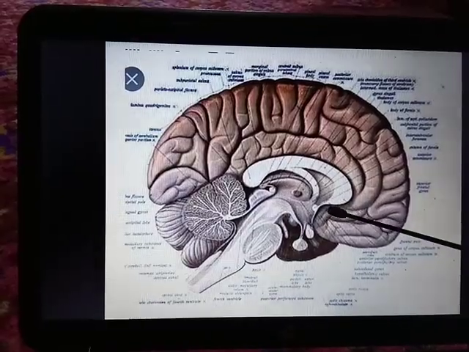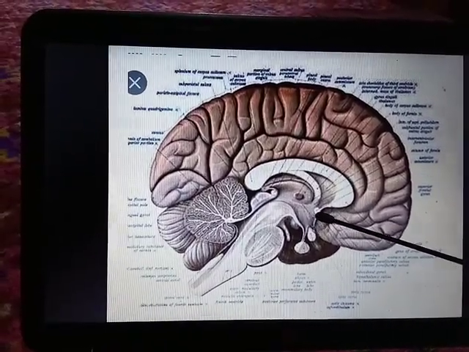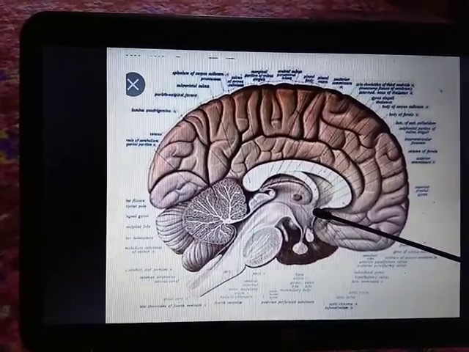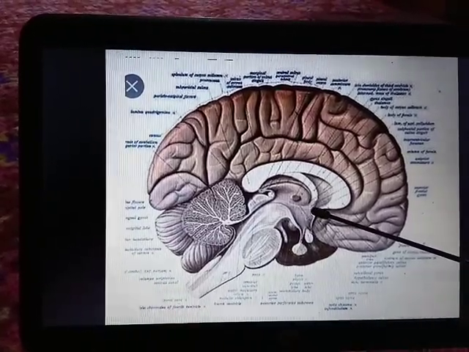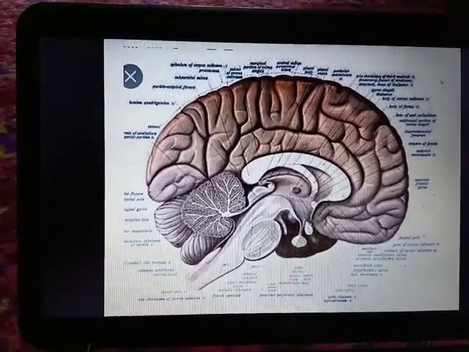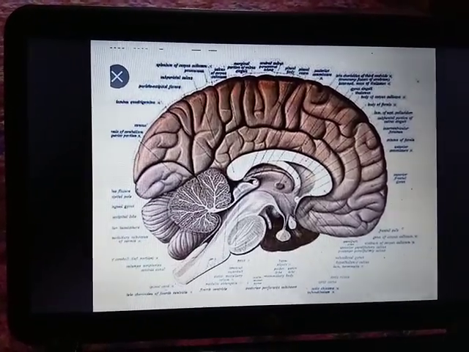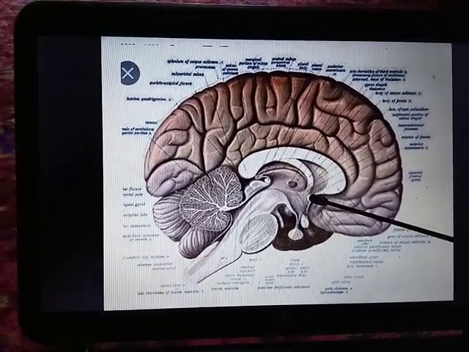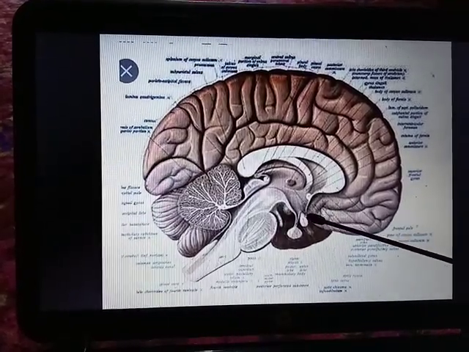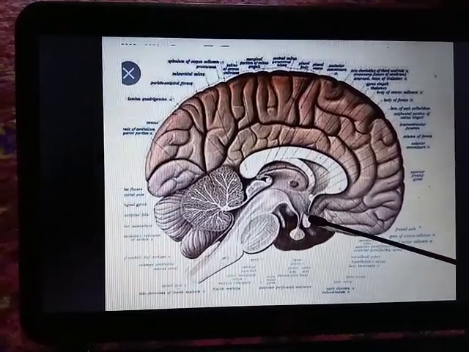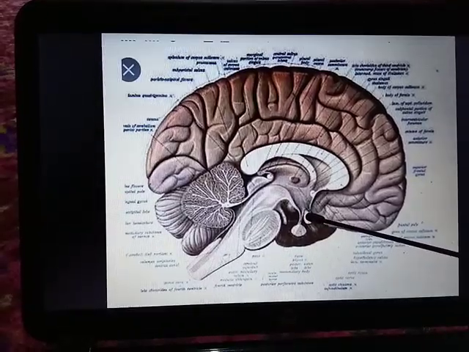Then this rostrum is attached to this bead-like thing, which is called the anterior commissure. They are again white fibers. From the anterior commissure, there is a connection to the optic chiasma. This is your optic chiasma.